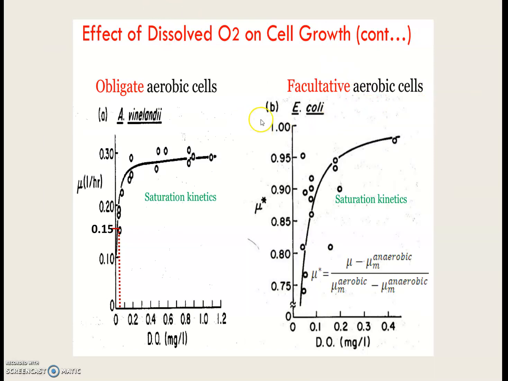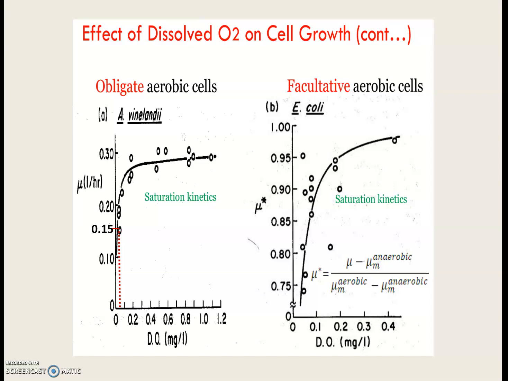The diagram here shows the obligate aerobic cells and the facultative aerobic cells. So what are obligate aerobic cells? Obligate aerobic cells require oxygen. But facultative cells can have oxygen or can also live in conditions without oxygen.